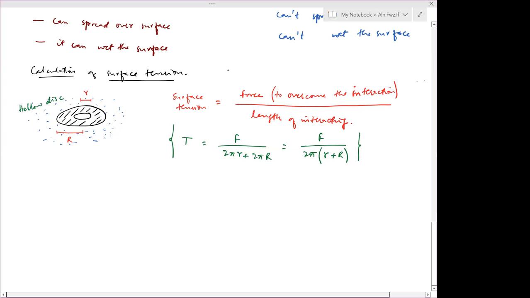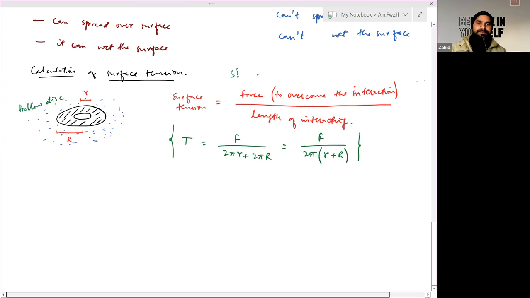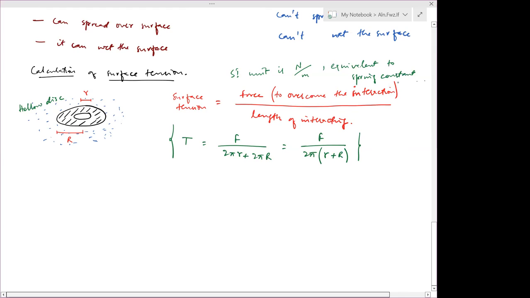So from this, we can conclude the SI unit of surface tension will be force per unit length. So we can write Newton per meter, which is equivalent to spring constant or force constant. Okay, yes, sir.